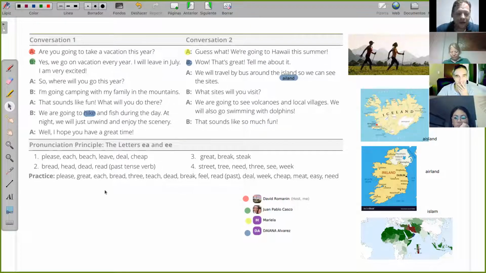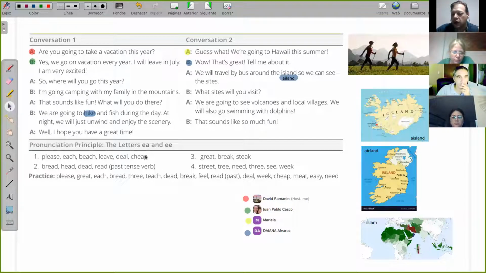Let's keep on pronunciation. You may find some diphthongs. Diphthong is a similar word that we have in Spanish, no? Diptongos. These are two vowels that together make a sound. So I think we can group these words with similar sounds, okay?